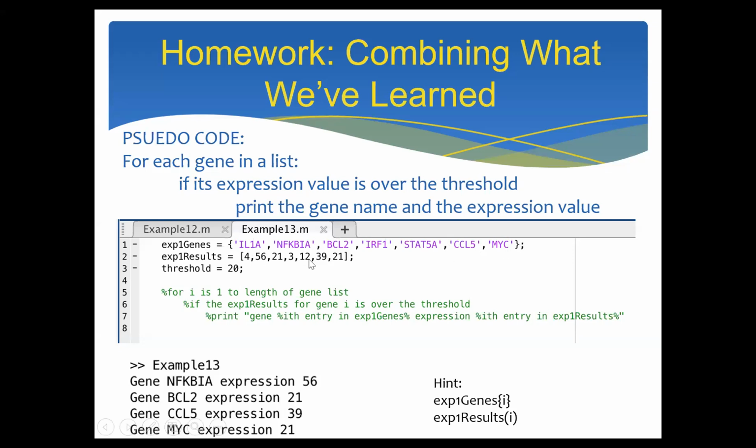And one thing we haven't introduced is that this data type is actually a cell. So we will introduce this tomorrow. But for homework, I still want you to try that. So the hint is that if you want to call the ith element of this cell, you need to use big bracket rather than small bracket.